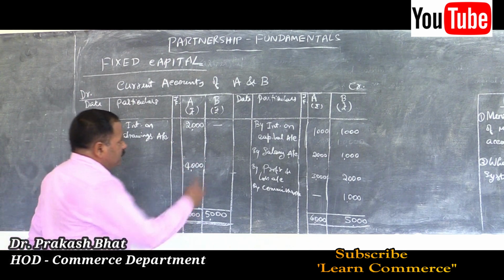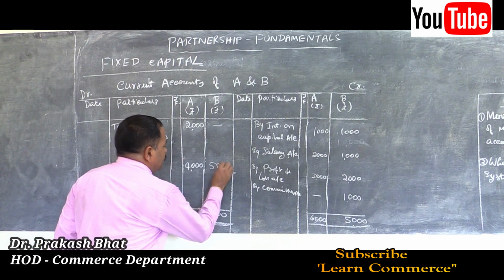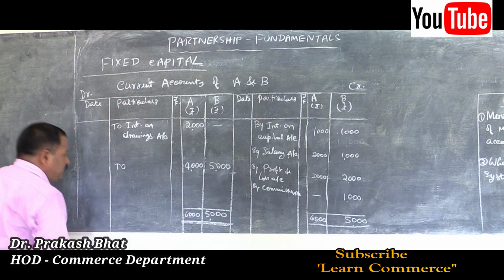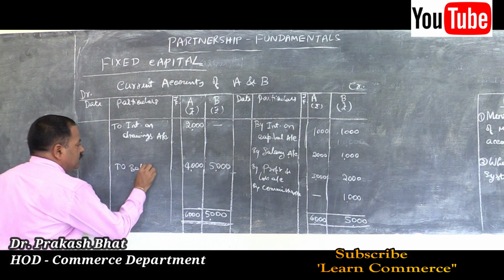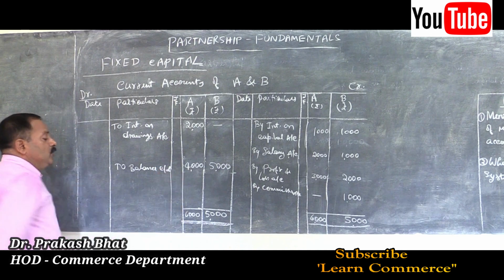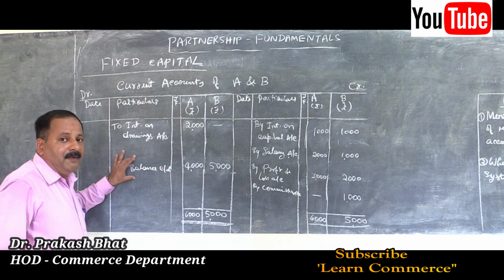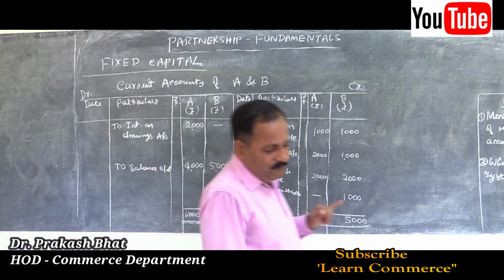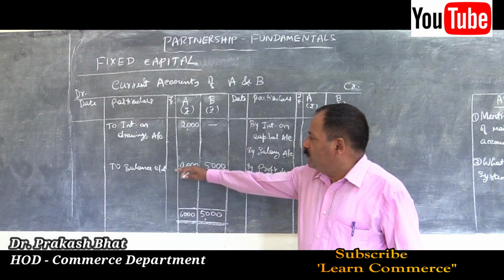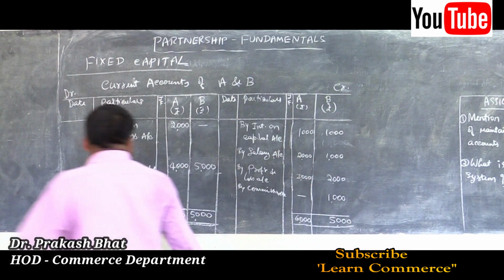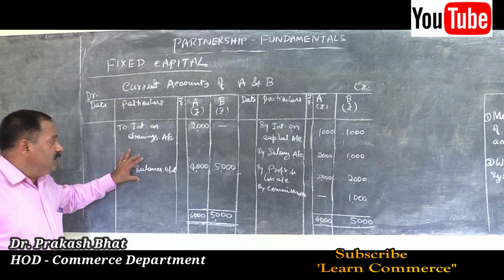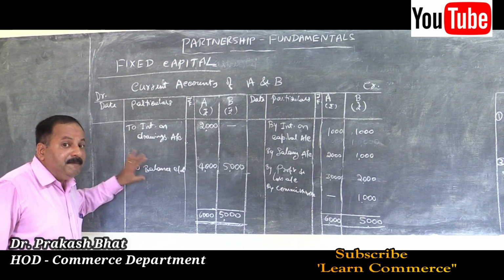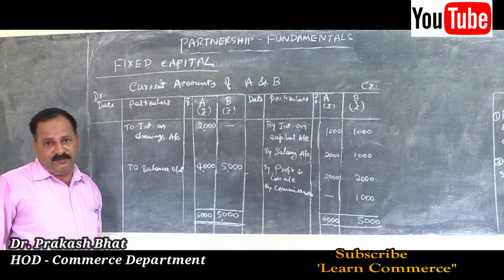So make sure 5,000 here is the difference. Write here, by balance carried down, or you can transfer this to the capital accounts of partners, or you can write balance carried down and show it on the liabilities of the balance sheet, since it is showing a credit balance.